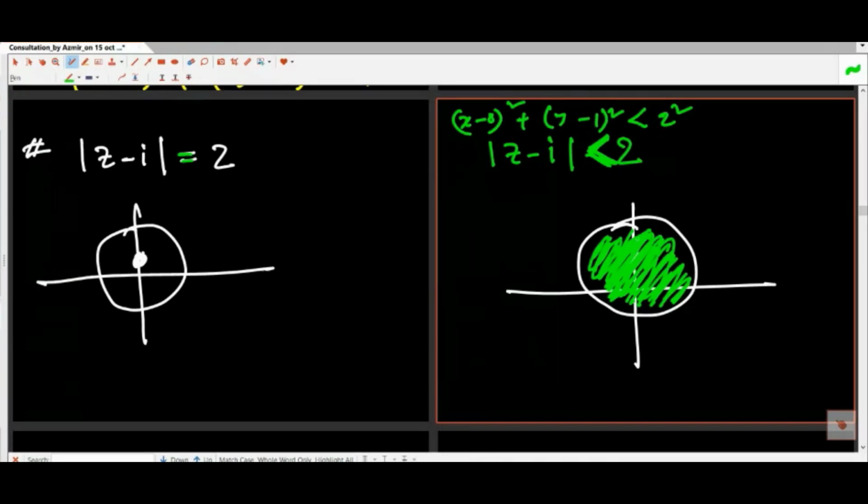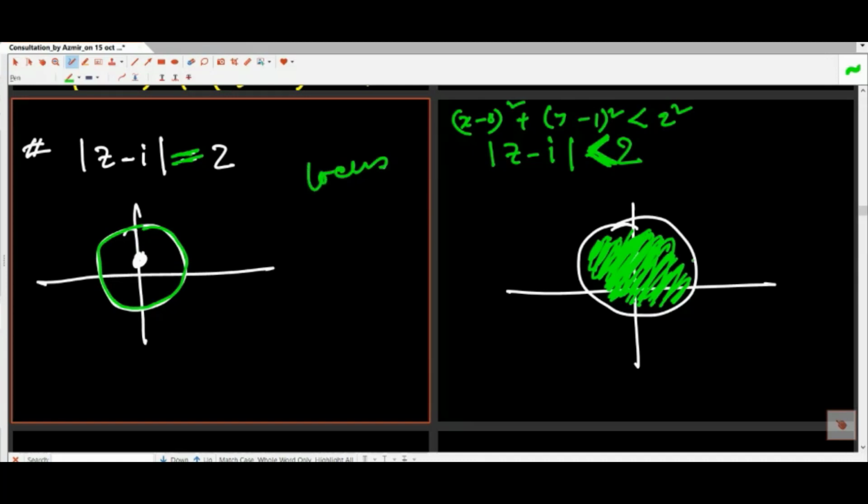Be careful also, that the shade will not touch the circumference because we don't have equal. So whenever we have equal sign, it means we are on the boundary. We are on the circumference. This is the region that we have here. This is known as locus. So what is the locus of the second one? It is the interior portion.